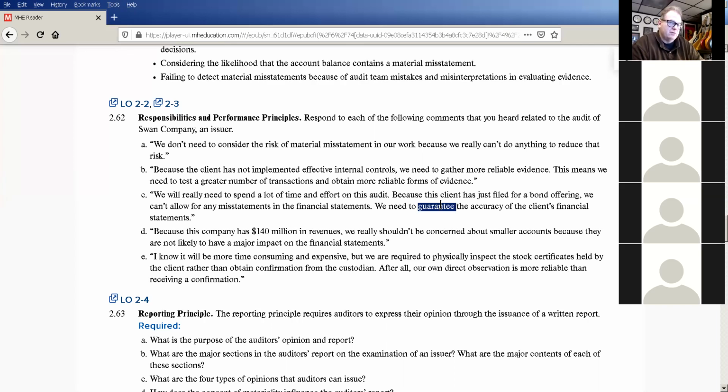We never vouch for the accuracy. They might be misstated, but it's not a material amount, is our opinion of it. And again, it is an opinion. It's not a statement of fact. Now, it's an informed opinion, but it is not a statement of fact.